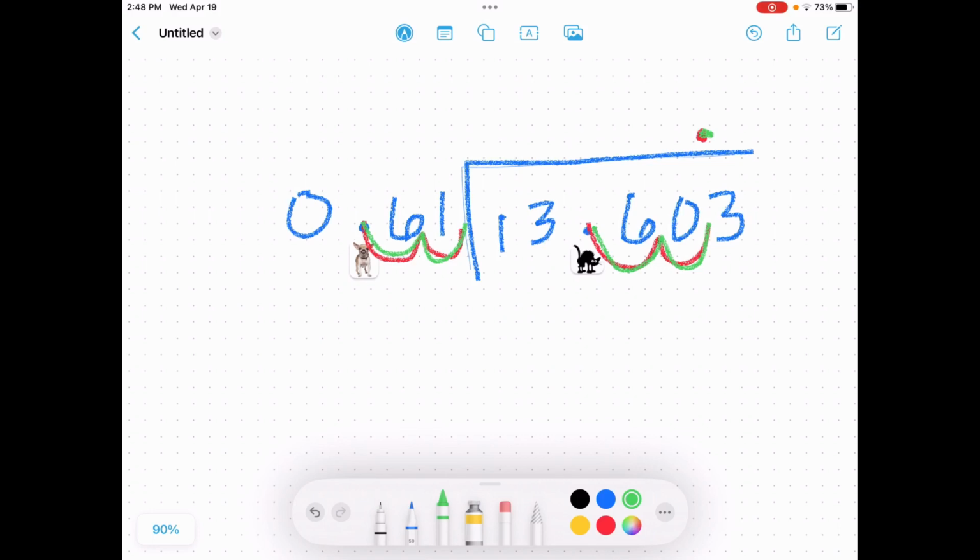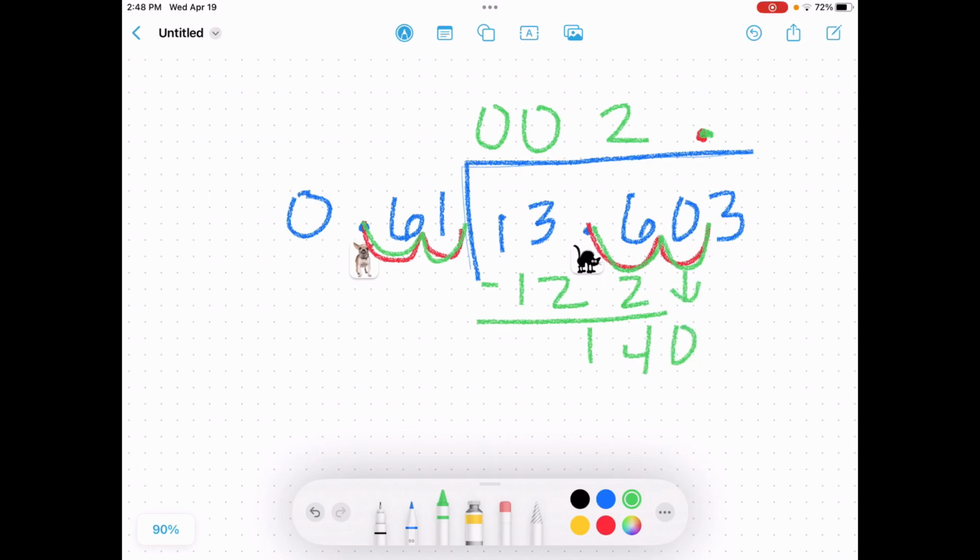Same way as before. 61 goes into 1 0 times, 61 into 13 0 times, 61 goes into 136 2 times, 2 times 61 is 122. Subtract, and I'm left with 14. Bring down, start again. 61 goes into 140 2 times. 2 times 61 again is 122.